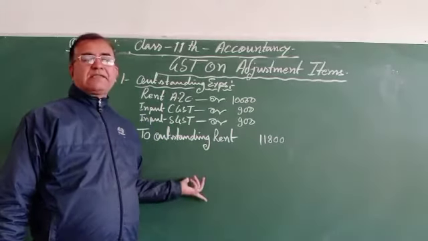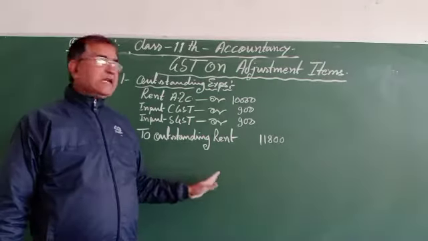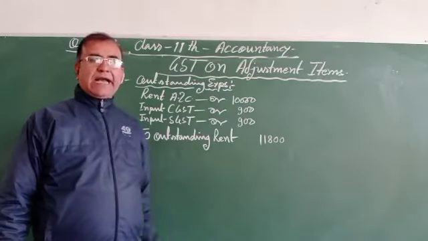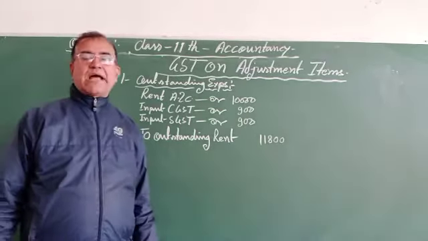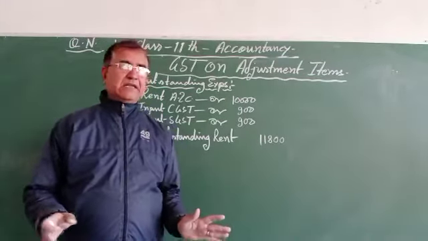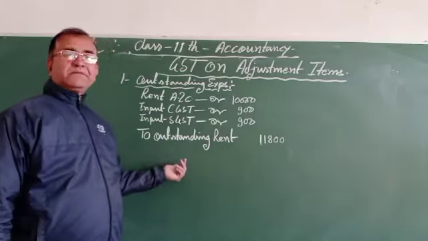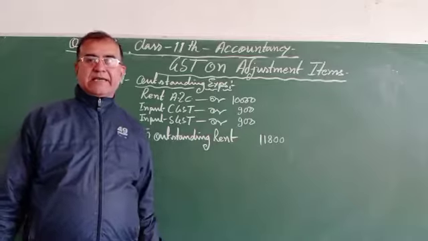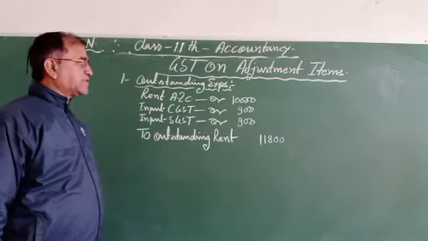The GST has already been adjusted in the rent, so that is given inside the trial balance. If the outstanding expenses are given outside the trial balance, GST will be charged. Because of that, GST is not adjusted again in such items. So this is the outstanding expenses.